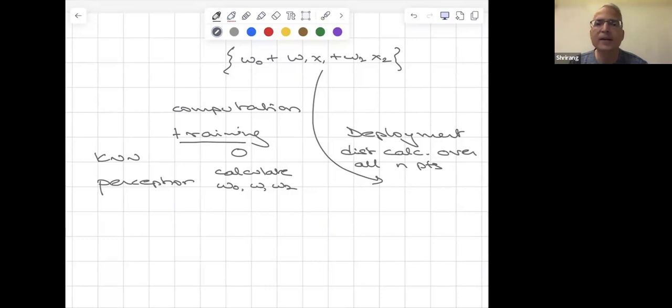So speaking of that, did you guys look at the code? I pushed some code for perceptron. Did you guys try that out? Okay, let me just share my screen.